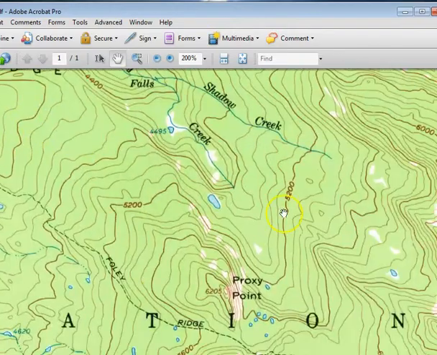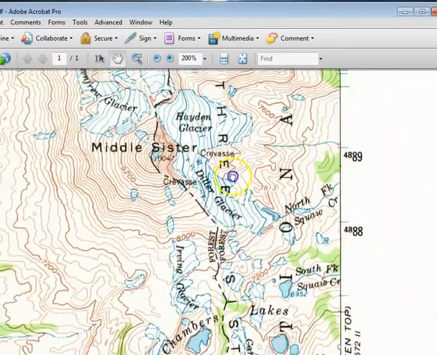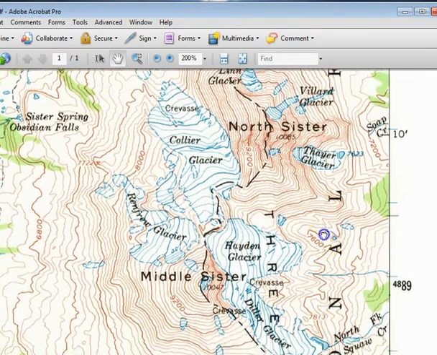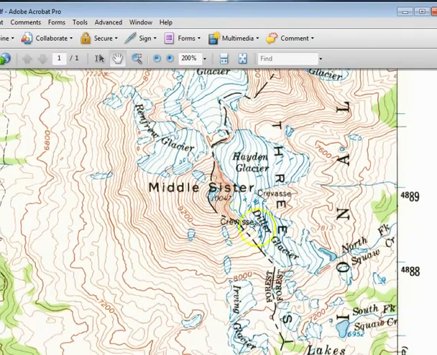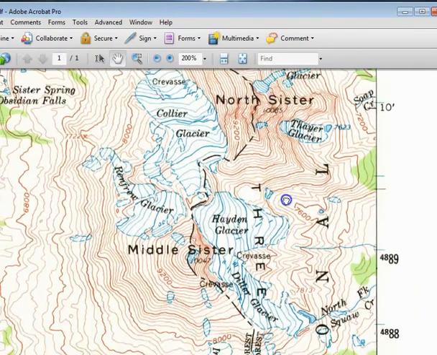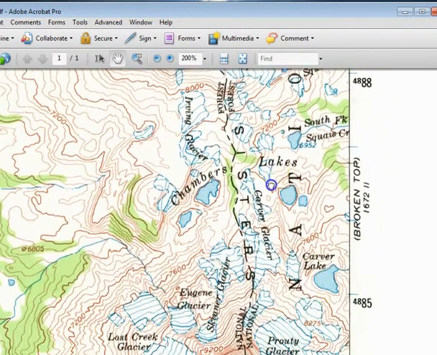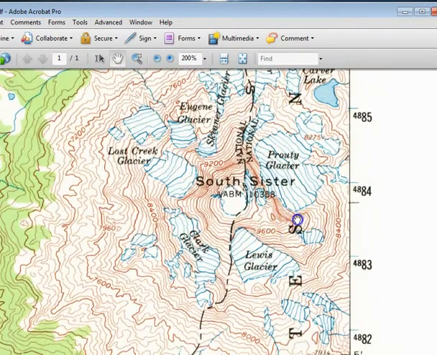So go to the top of the Sisters. One of those Sisters. Where are they? Where am I going? Three Sisters. Here we go. This one. South. Go to South Sister.